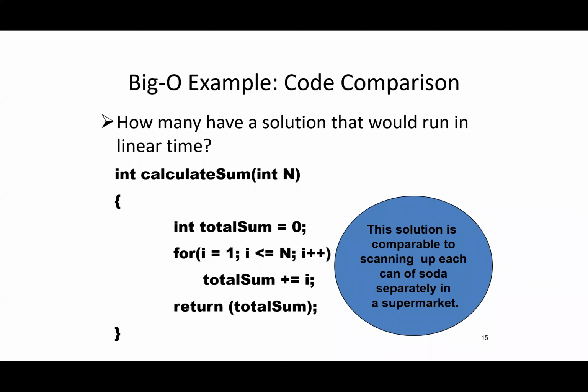So if you buy 10 cans, the cashier has to scan 10 times, right? If you buy 20 cans, she has to scan 20 times. Or you buy 100 cans, then she scans 100 times. So you can imagine if you buy more, then the time taken for you to pay is longer, right? Because she scans one by one, according to how many cans you buy.